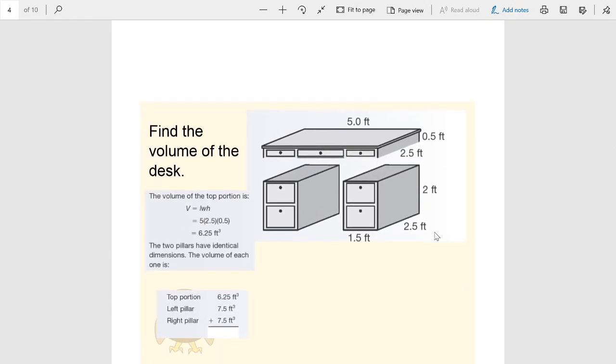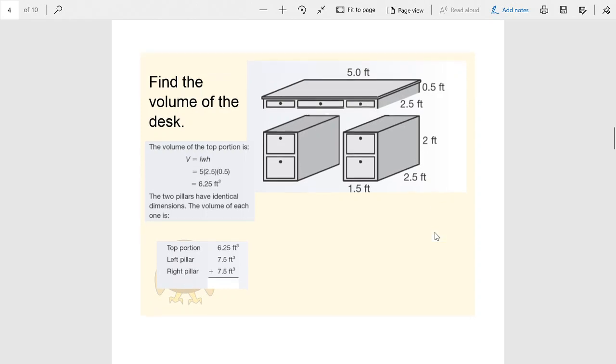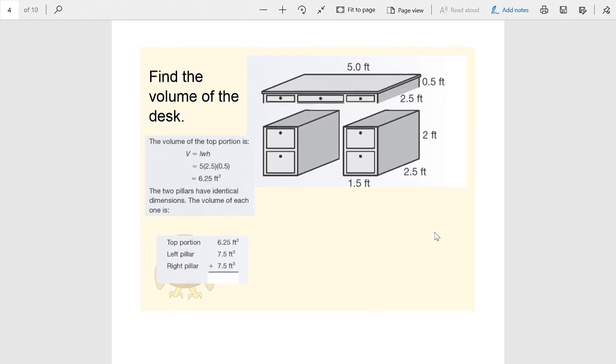So let's find the volume of the desk, a little bit easier to start with volume, and we're just going to break it into 3 pieces. This is what I would encourage you to do with any problem that you have with a complex figure: break it into different shapes that you know very well. For instance, this top part of the desk, this longer piece that sits on top of the 2 pillars, we can find the volume by saying it's a rectangular prism.